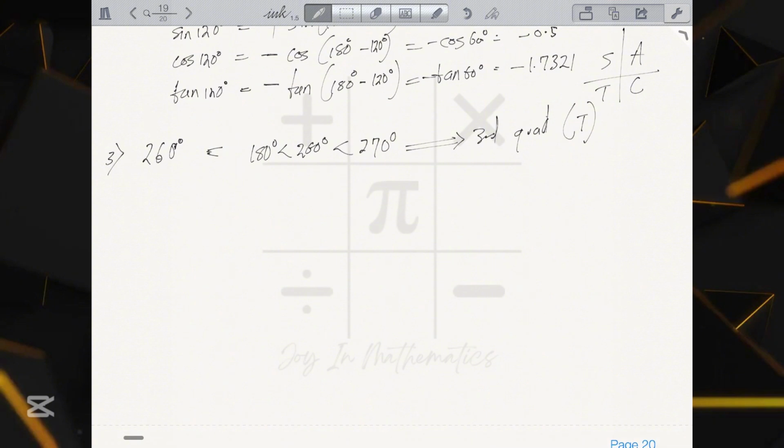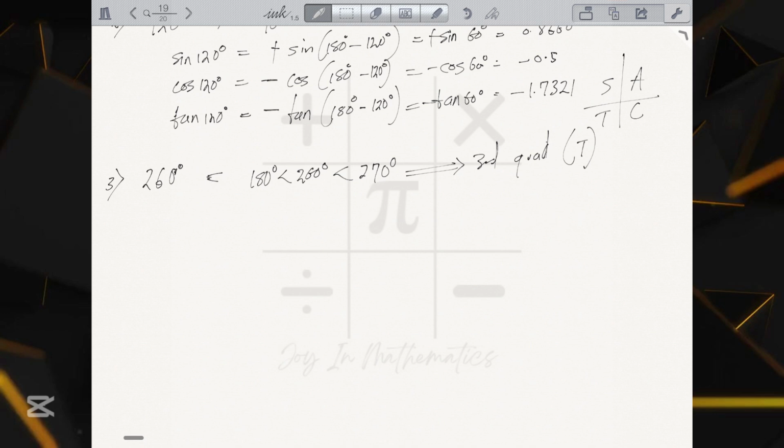Now the relative acute angle formula in the third quadrant is theta minus 180 degrees. So sine 260 degrees, no, only tan is positive in the third quadrant, so sine is negative. So this will be minus sine of theta minus 180.